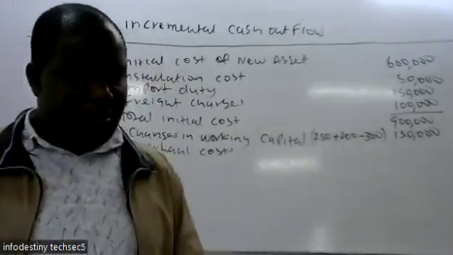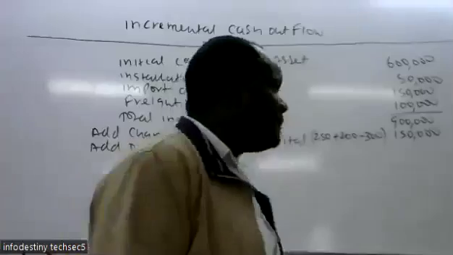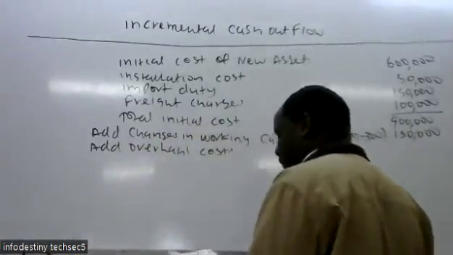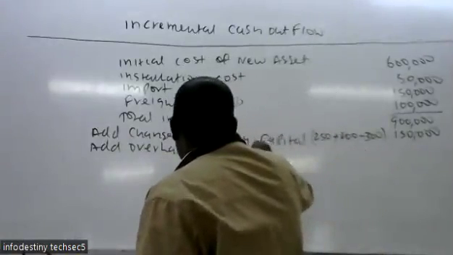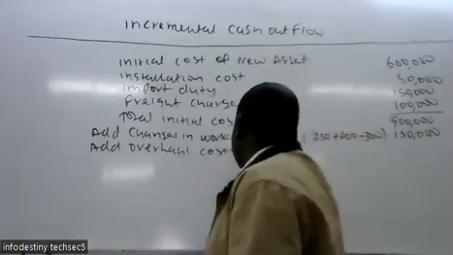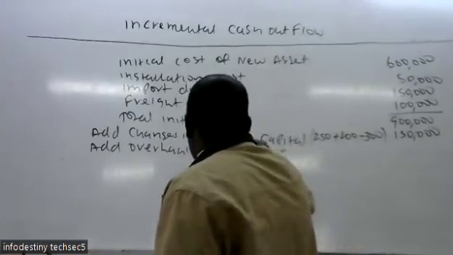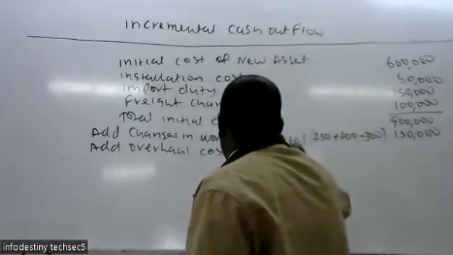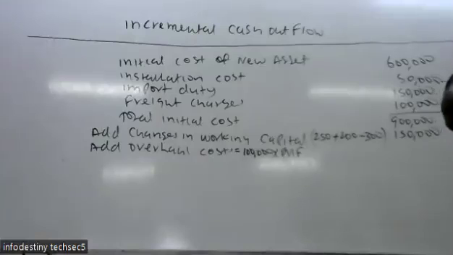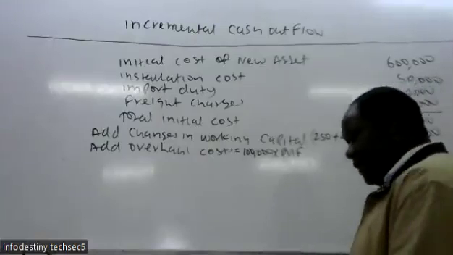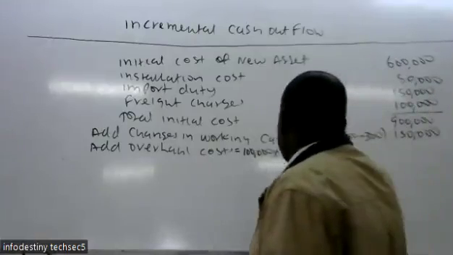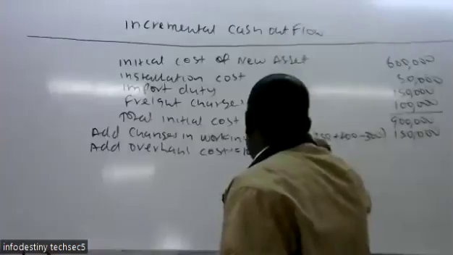So the overhaul cost is meant to be 100,000, but we discount it because it was not incurred in year 0. So 100,000, then present value interest factor. The cost of capital was given as 13%, and it was incurred at the end of the 3rd year, so it should be 13% in year 3.